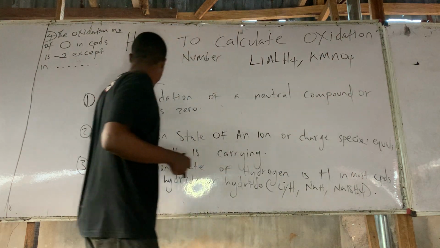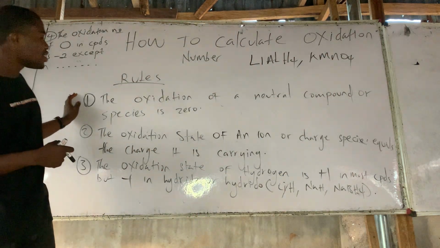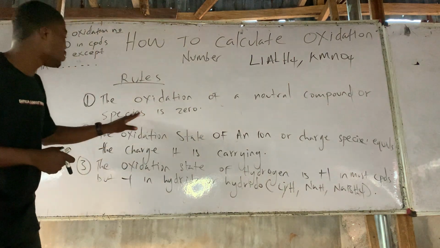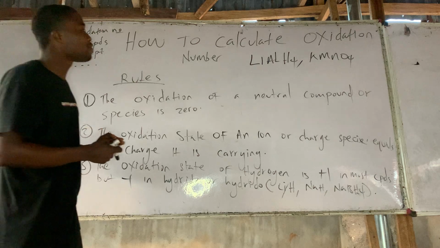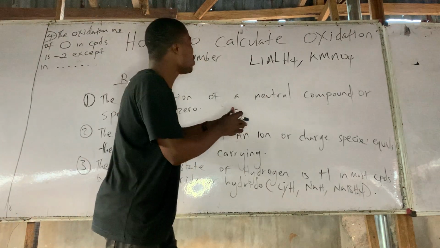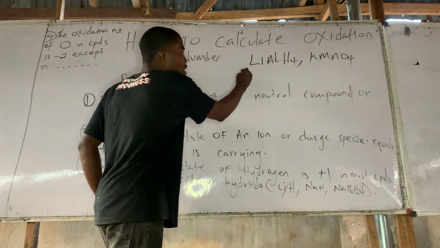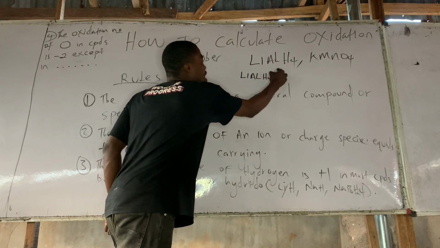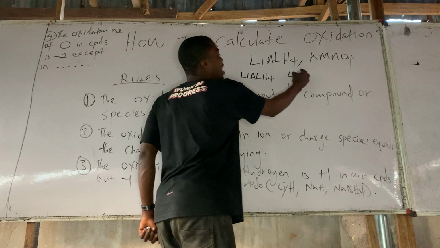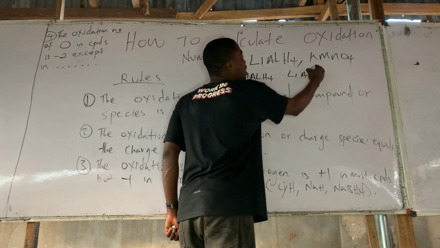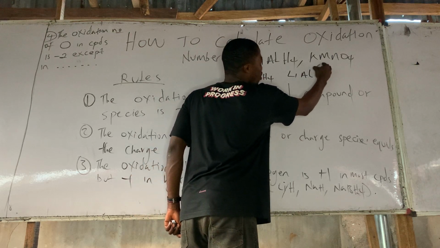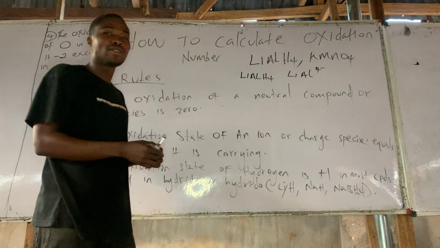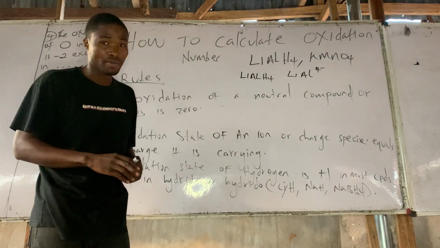Quickly, the rules are: one, the oxidation number or oxidation state of a neutral compound or species is 0. What do I mean? This compound is neutral. Why is it neutral? In the sense that it has no charge. Assuming it was LiAlH4 with a 4 plus or 4 minus, this species is no longer neutral, it becomes ionic or charged.